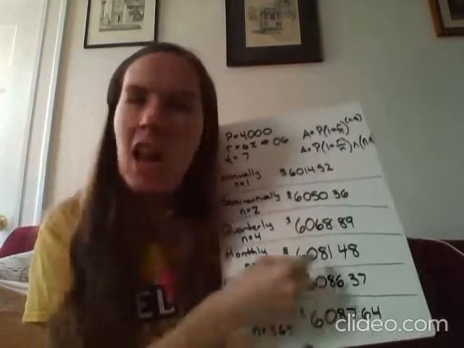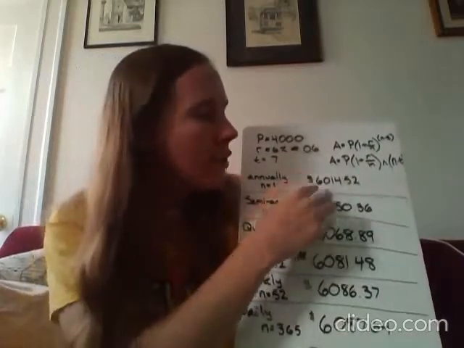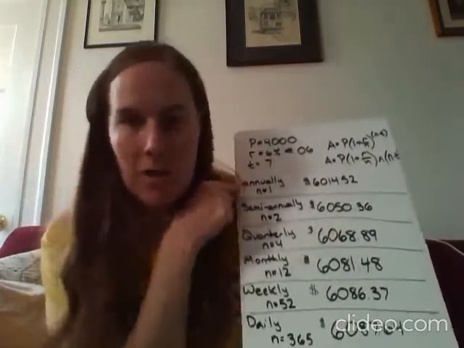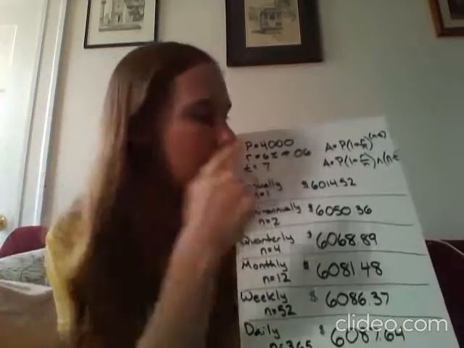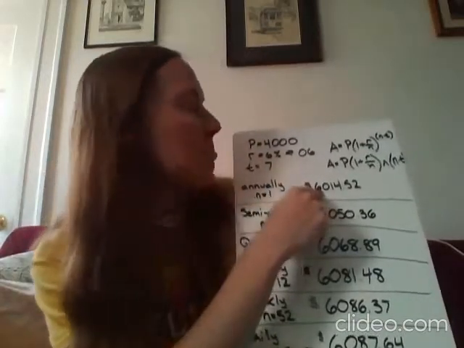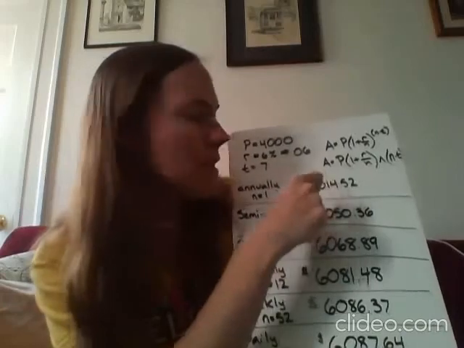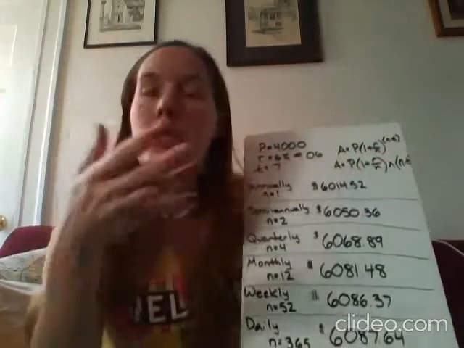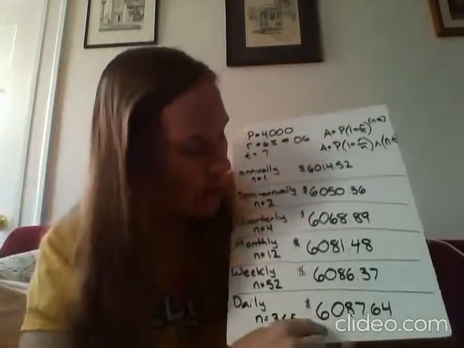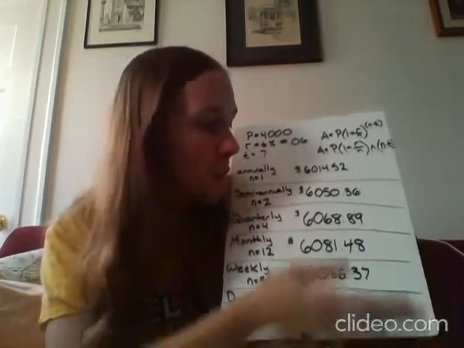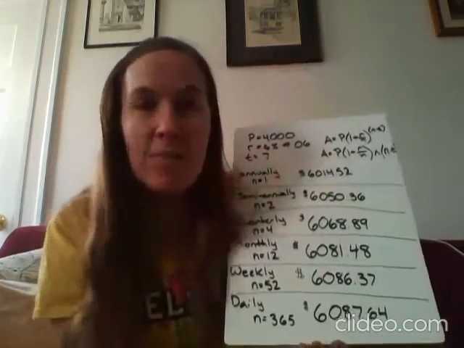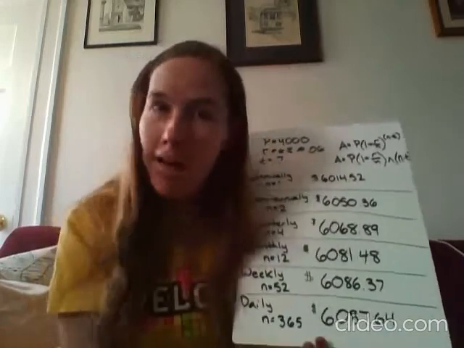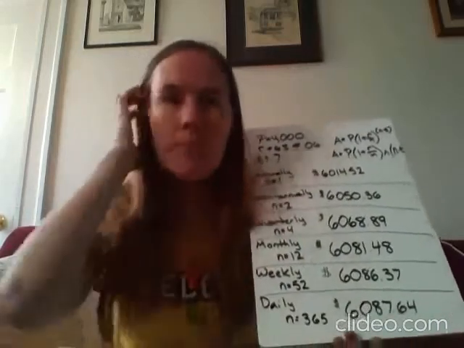Granted, it might not be a lot more, but it keeps increasing. If you just had it annually, you would only have $6,014.52. Whereas if you did it every day, you would have $6,087.64, which is like $60 more, which is a lot in the grand scheme of things.